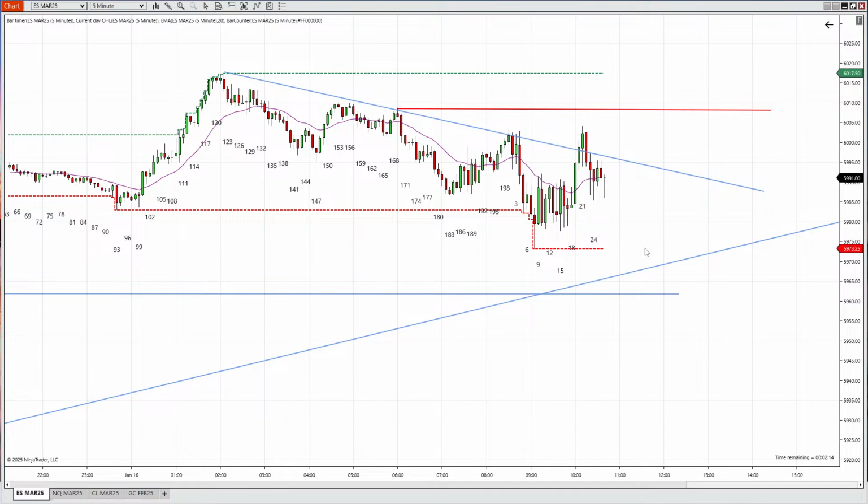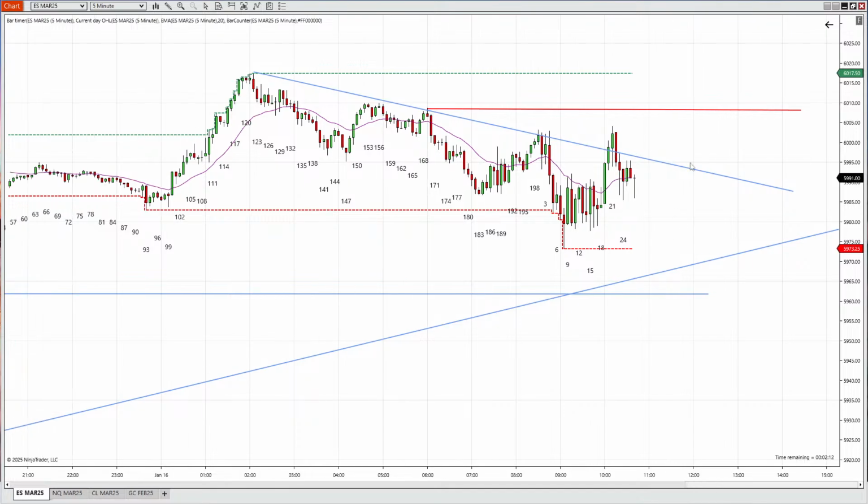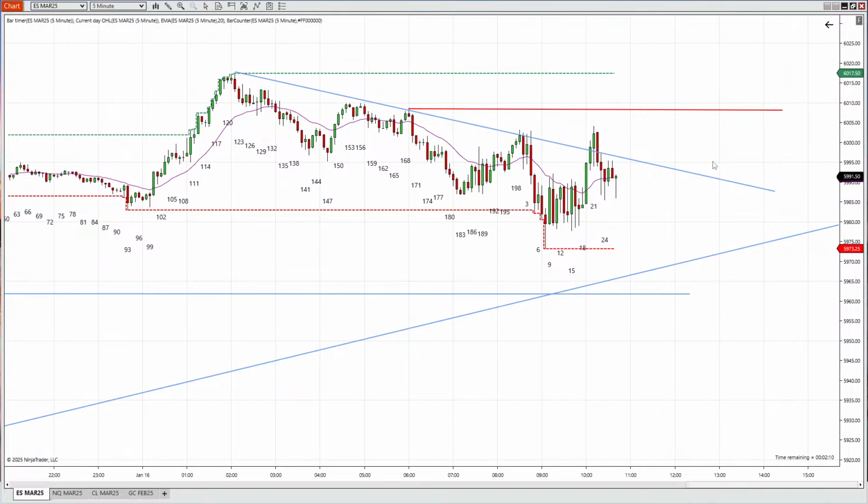Alright, hoping for a second leg up for the bulls here so that we can look to get short.